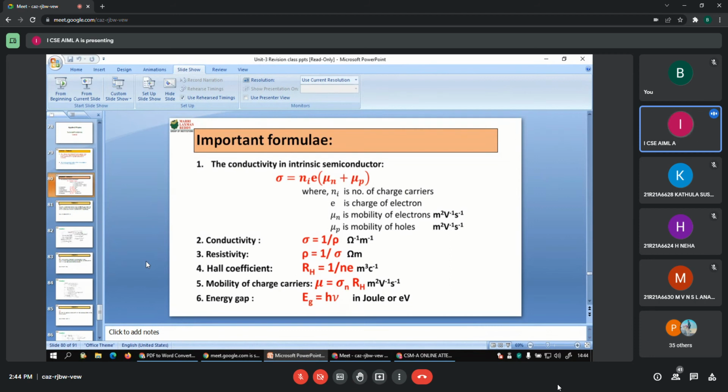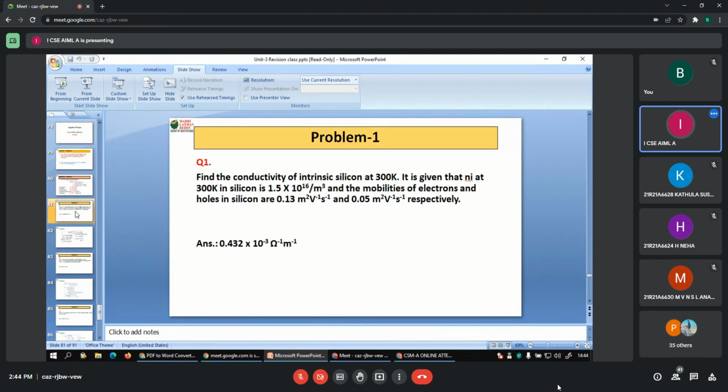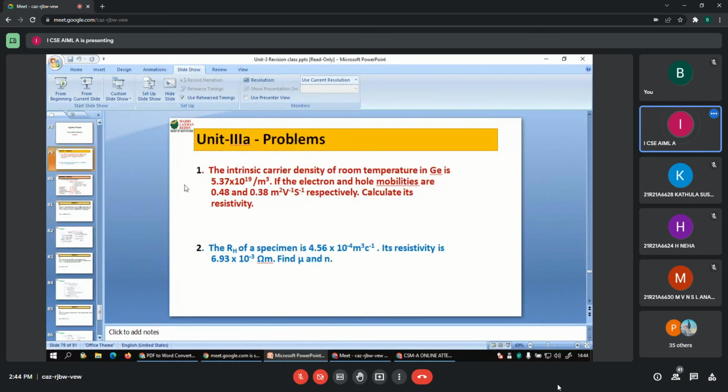Sigma equals ne into mu n plus mu p, conductivity sigma equals 1 by rho, the resistivity relation, Hall coefficient RH equals 1 by ne, mobility of charge carriers mu equals sigma into RH, and energy gap Eg equals h nu. Like that we have taken. Now, problems: this is the first problem and its solution. These two problems are very important.